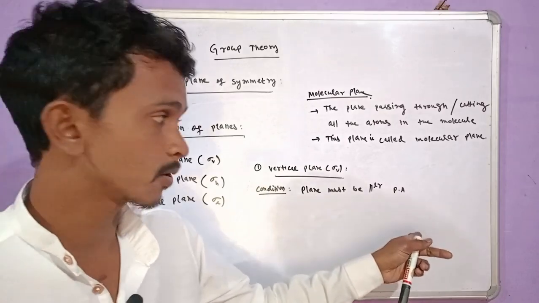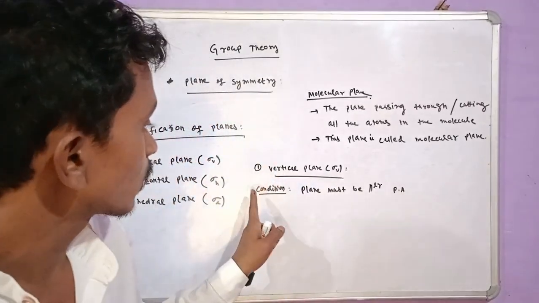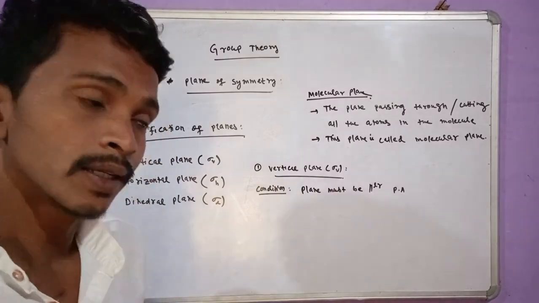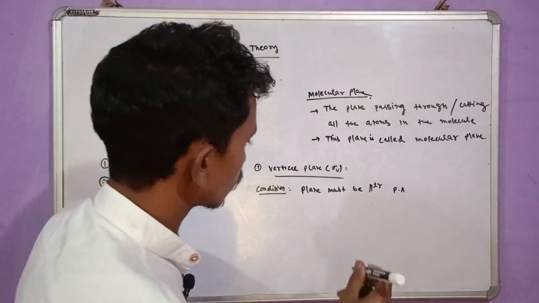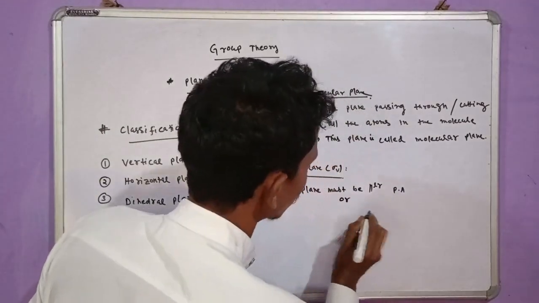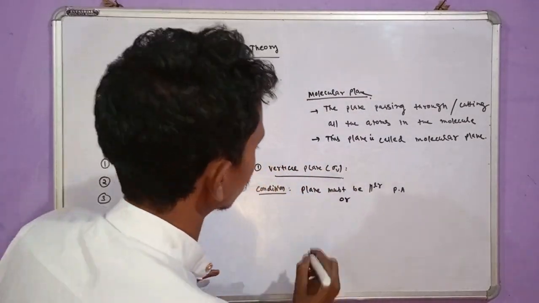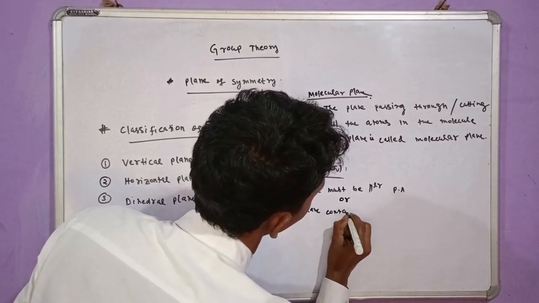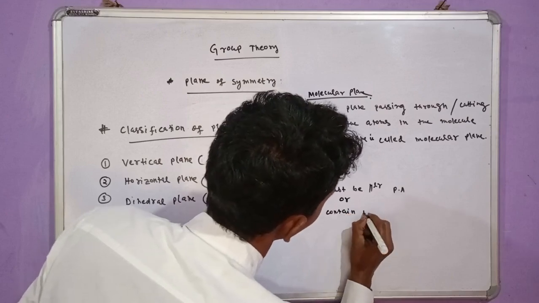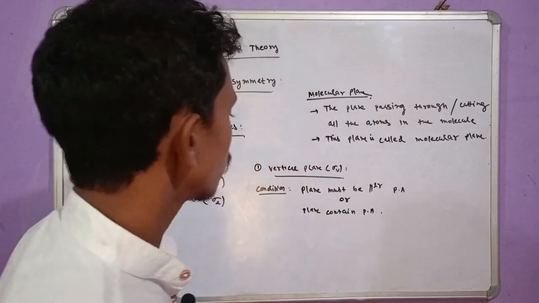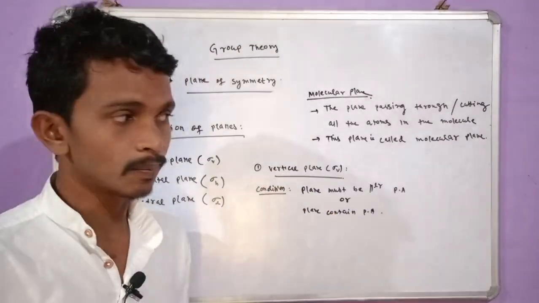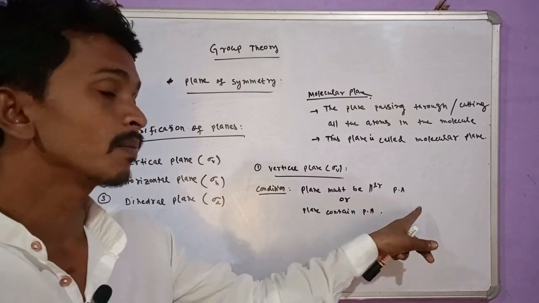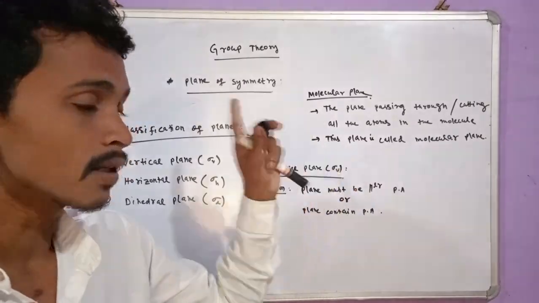So for the vertical plane, the condition is that the plane must be parallel to the principal axis. In different words, the plane must contain the principal axis. This is the only condition for the vertical plane.